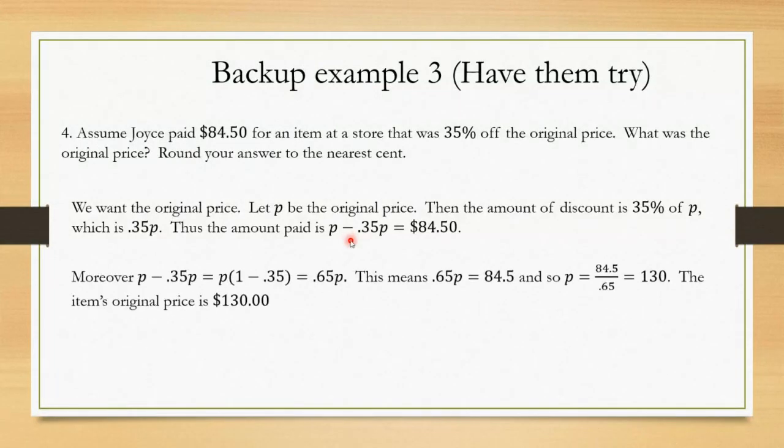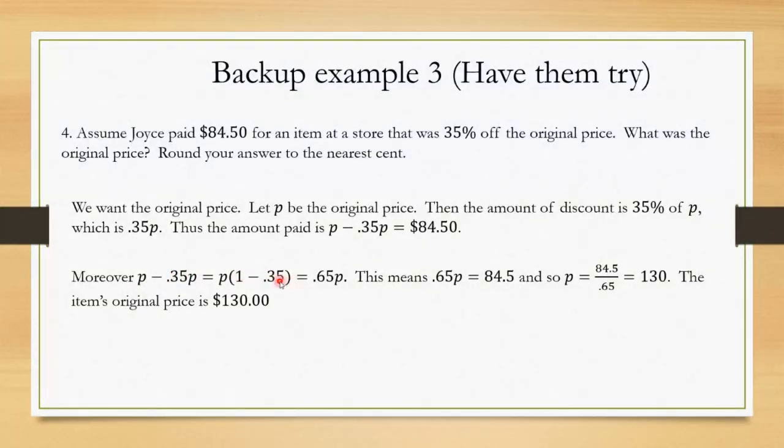Okay, well, how do we do that? This is actually just some algebra. What you can do is factor out P, which essentially means you're using distribution in reverse, as you can see here. Then you have 1 minus 0.35, which is 0.65. If I were to distribute P, I would get this. So I'm using that in reverse.